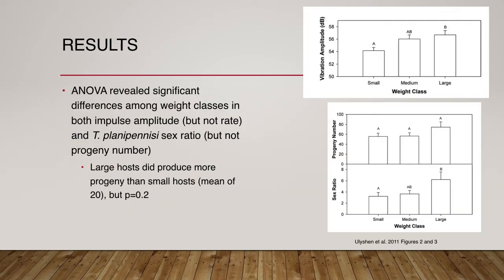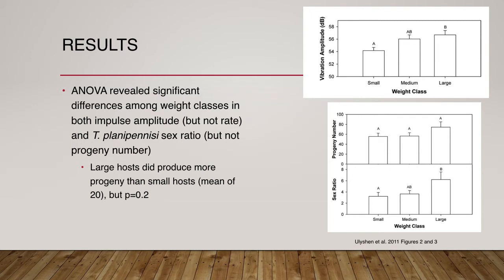So they found that the larger ash borers had significantly greater vibrations in terms of amplitude and were associated with a more female-skewed sex ratio in the Tetrastichus adults.